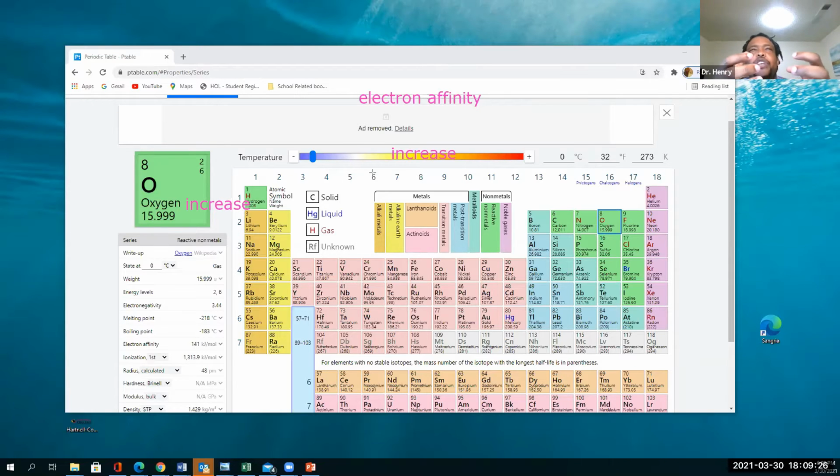So who's going to have the biggest desire to add an electron? Hydrogen? Well, hydrogen is going to have a little bit of one, but think about some of the guys we talked about. The noble gases? Do they want to get an electron? No. So it's going to be the non-metals. All the non-metals are going to have a higher affinity to gain an electron.